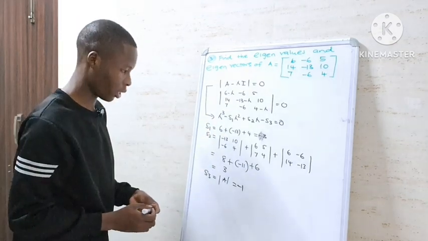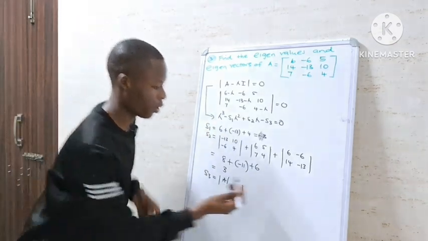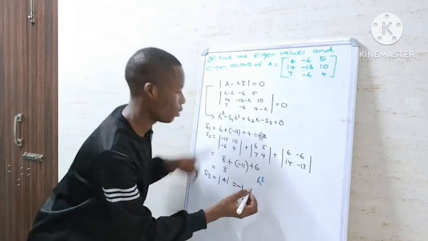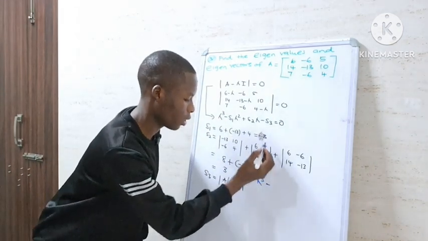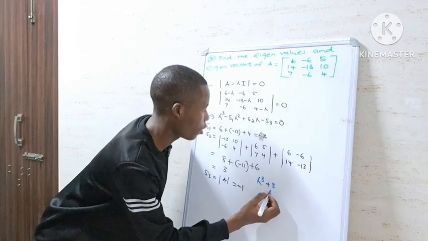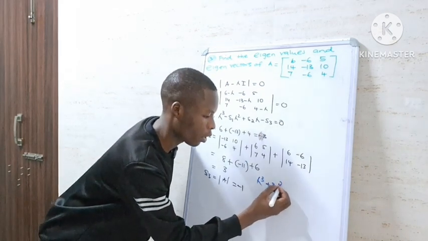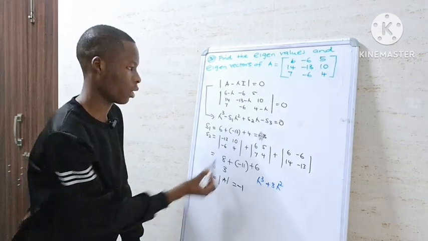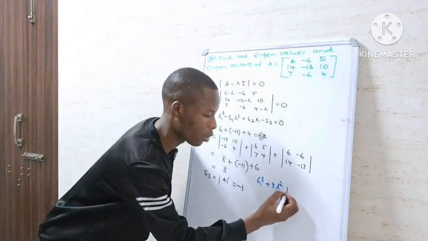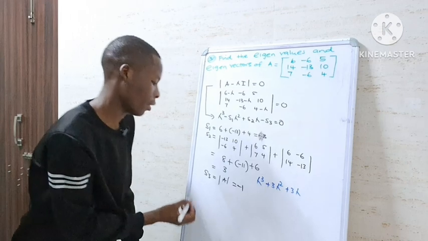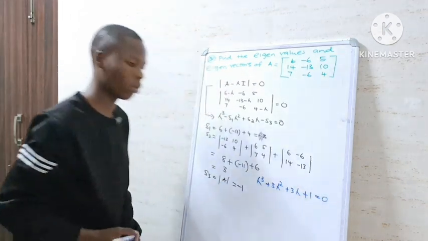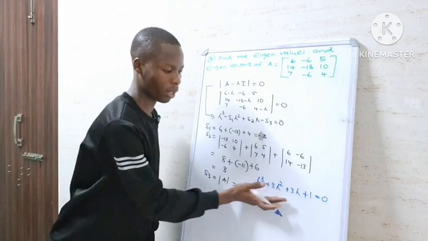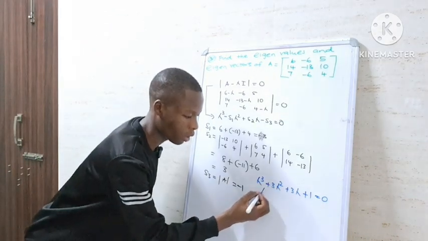Okay, the equation now is lambda cubed minus s1, s1 is negative 5, so this becomes plus 5 lambda squared, plus 3 lambda, plus 1 is equal to 0. Use your calculator to solve this equation.